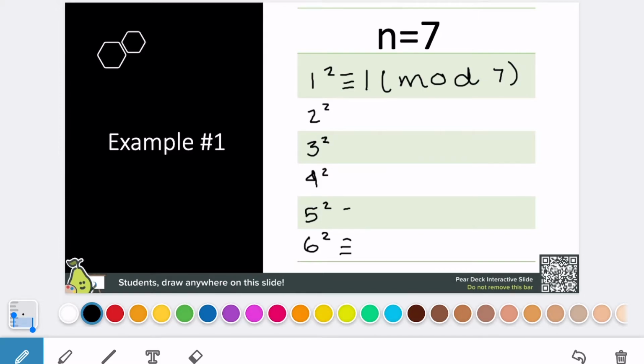So as we see here, we are putting all of our inputs and our outputs and what they are congruent to, and all of them are mod 7.